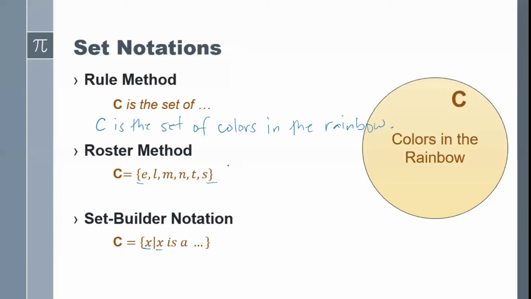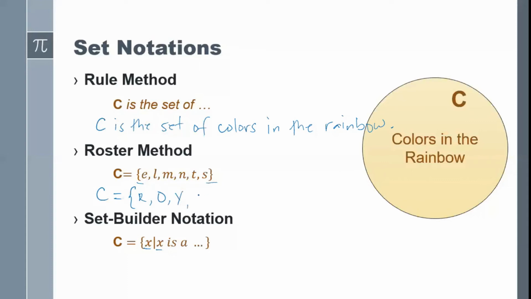If you're going to write this using the roster method or listing method, we're just going to enumerate the colors we see in the rainbow. So we have here C equals, and don't forget about the braces. What are the colors in the rainbow? We have red, orange, yellow.